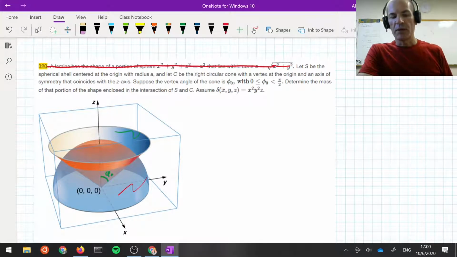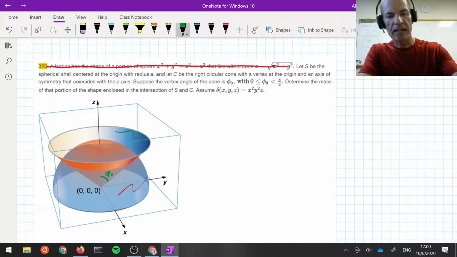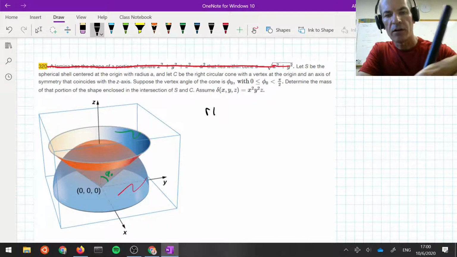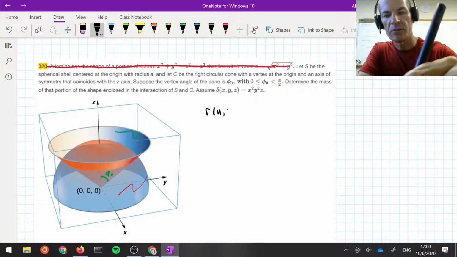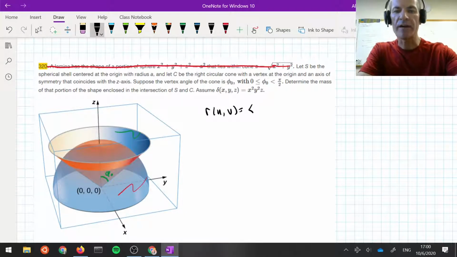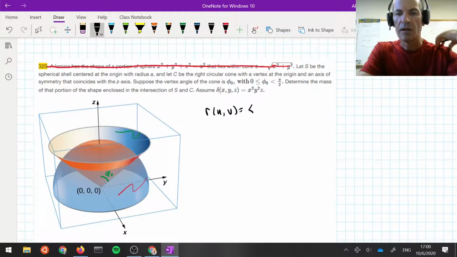How do you want to parameterize this? I would suggest spherical coordinates because the surface is actually a part of the sphere. So we'll use spherical coordinates to write R of u and v is the vector, and then we trot out the usual spherical coordinate transformations. What's the radius of this sphere? Because that's going to determine rho.